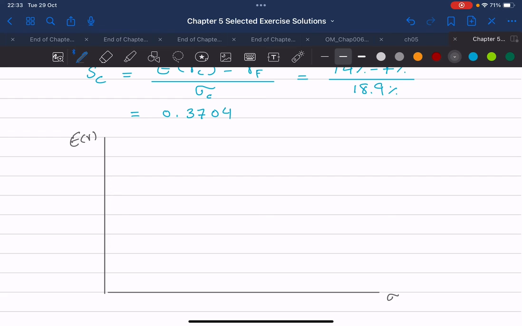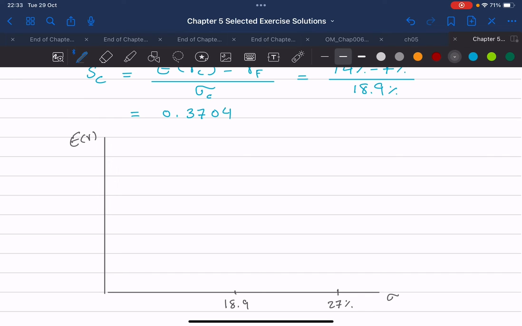For us, we are mainly interested in 2 points on the standard deviation axis, which are the 18.9%, which is the complete portfolio's standard deviation, and the 27%, which is the risky fund's standard deviation.